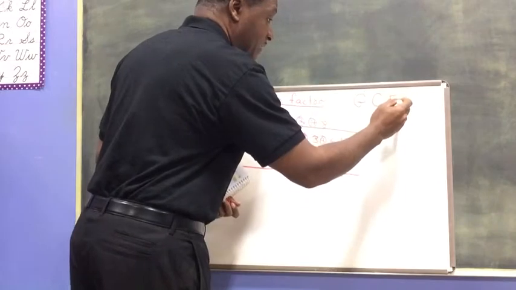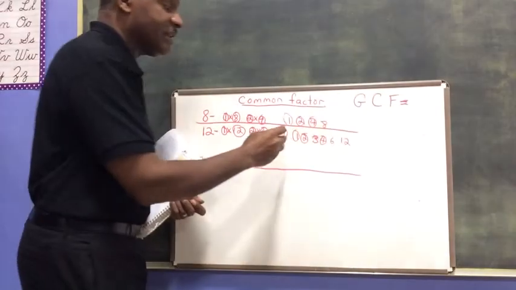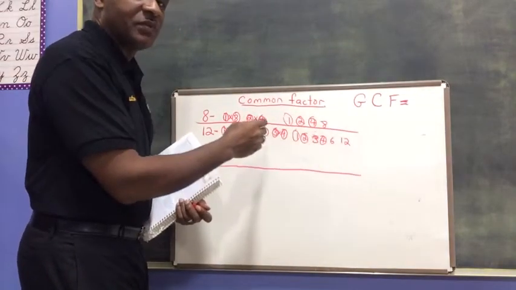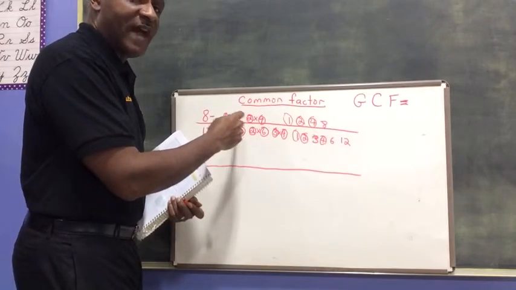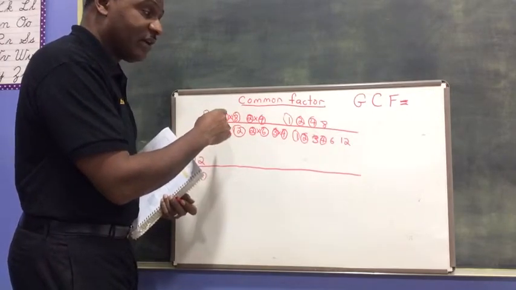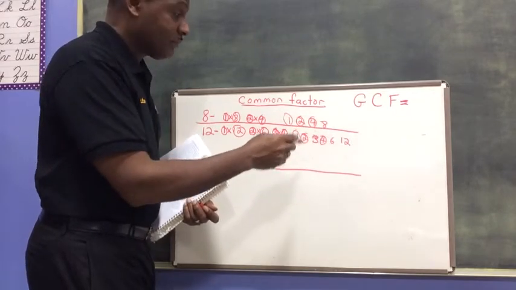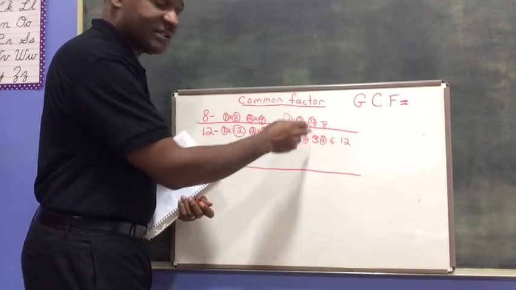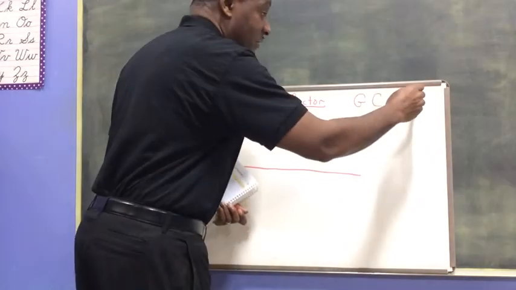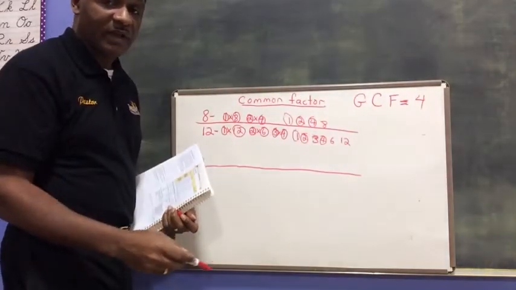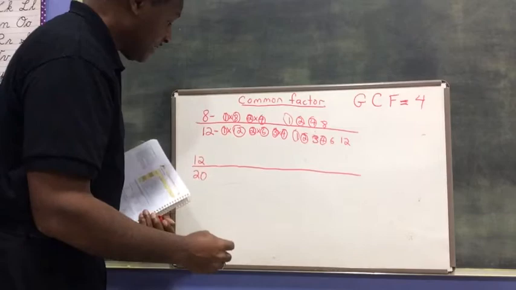When I say the word greatest, I mean the largest number between the factors of 8 and 12 that is in this list. Okay? And the greatest common factor is 4. See that? All right.